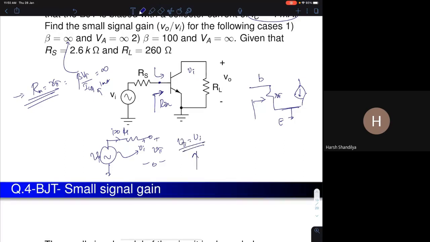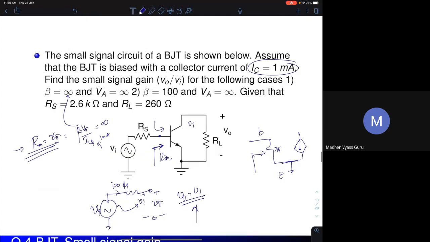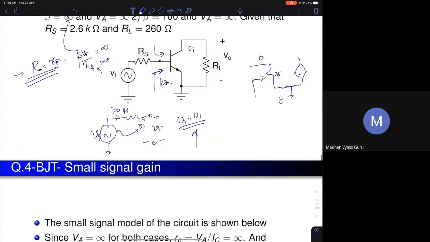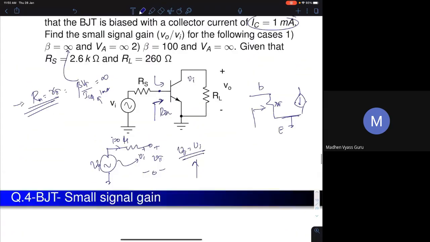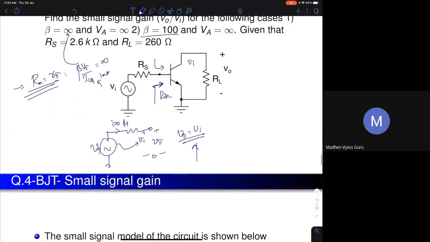Second part, you are supposed to find the voltage gain. So now you know Vi. Here beta is 100. If beta is 100, then R pi is finite. In that case, you will have a finite R pi.